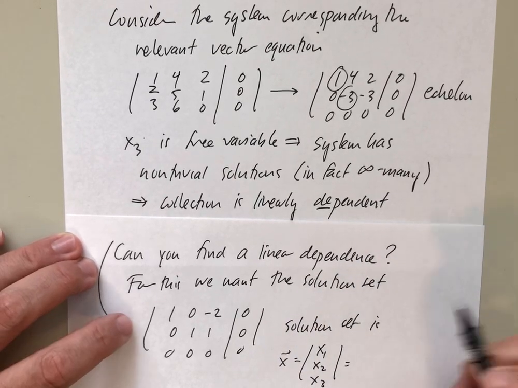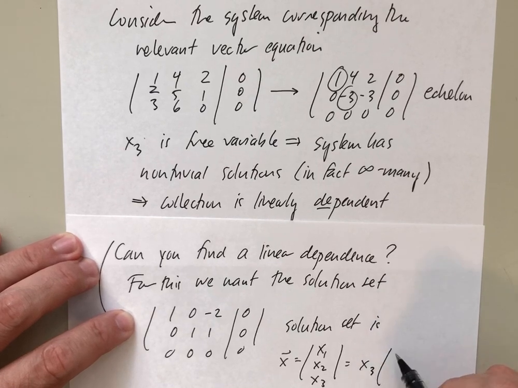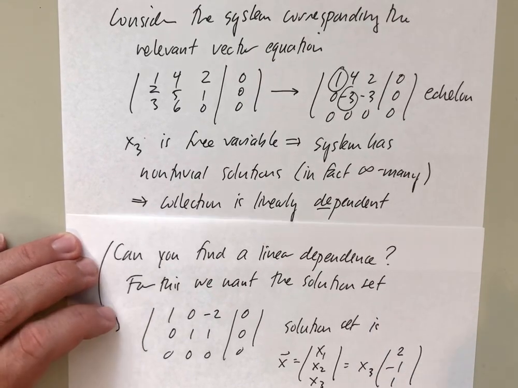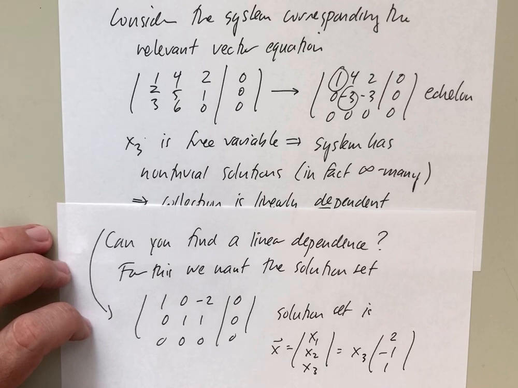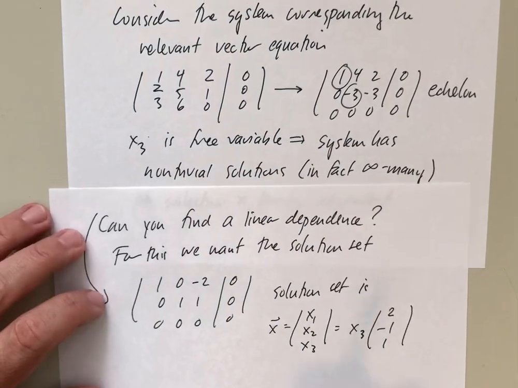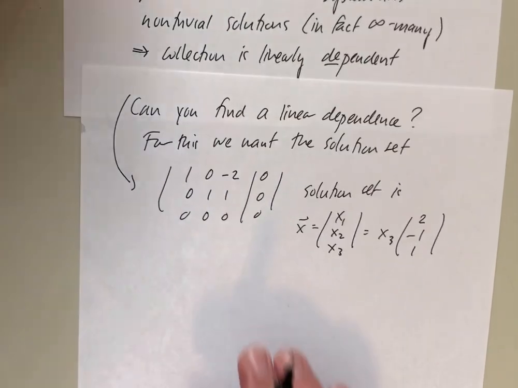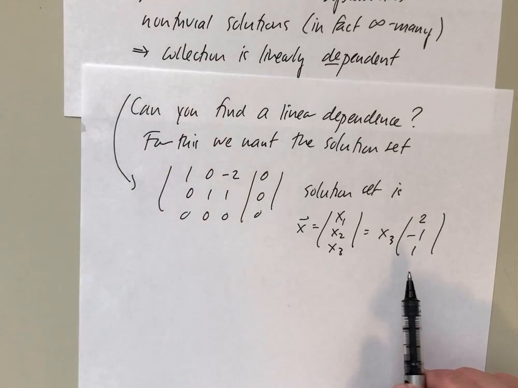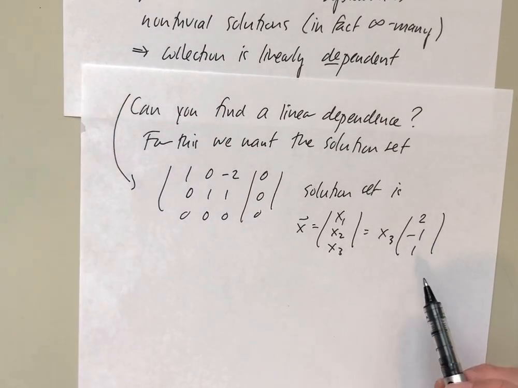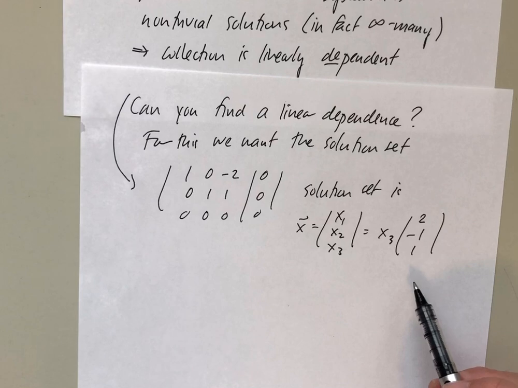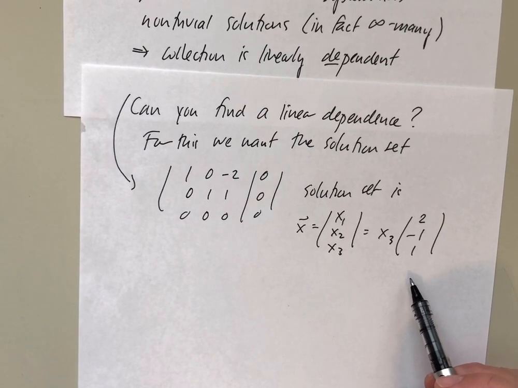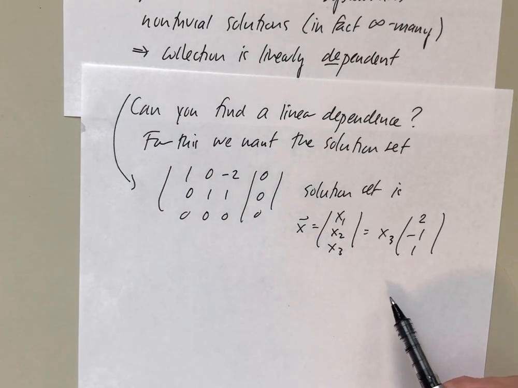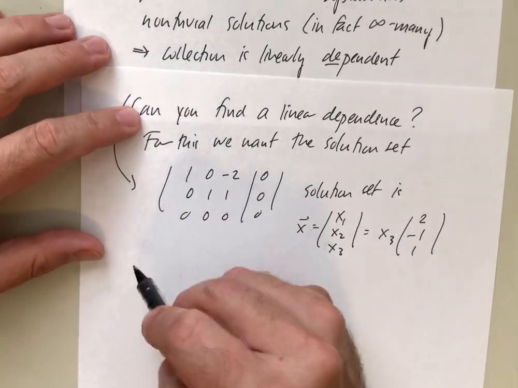And if you work it out, what you get is x3 times 2, minus 1, 1. If you haven't done this too much, I recommend going through that calculation. But okay, so all solutions will look like this. So now, as usual, x3 is free, so we can pick our value of x3 if we want an actual solution.